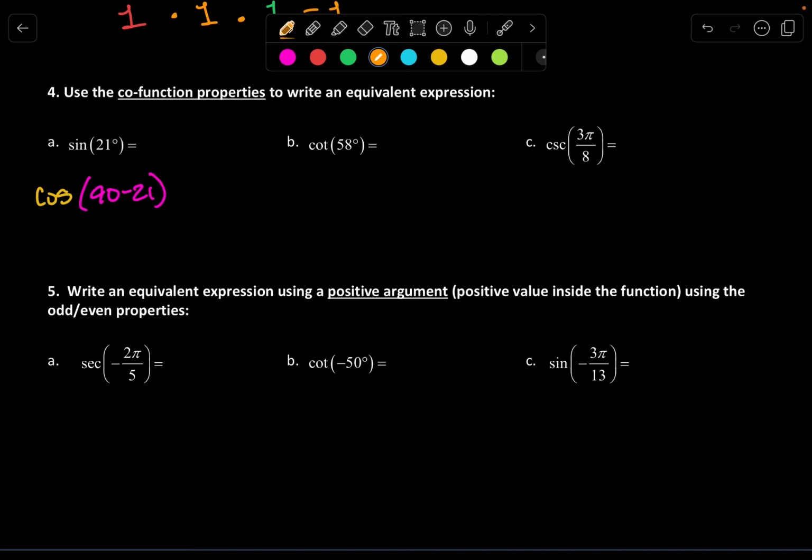In this case, sine and cosine are cofunctions. 21 and 69 are complementary. For the next one, the cofunction of cotangent is tangent, and 90 minus 58 is 32.